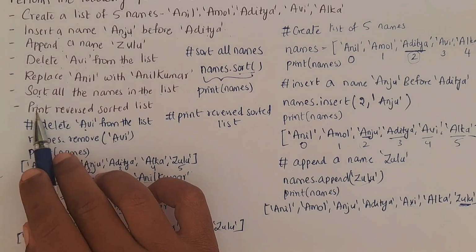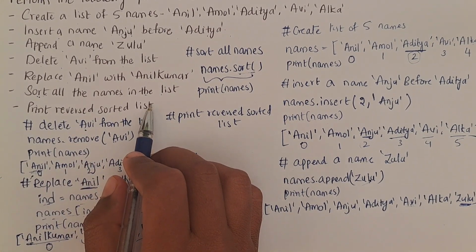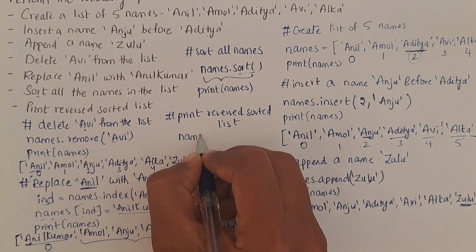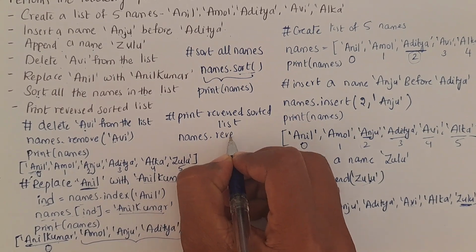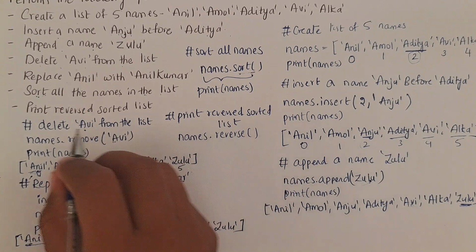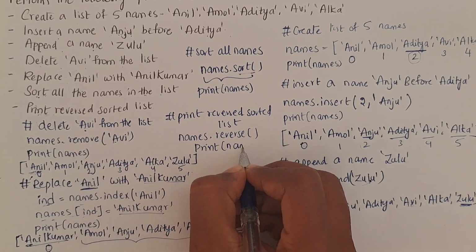The next statement is print the reversed sorted list. If you want to reverse the items in the list, you can write names dot reverse. This will reverse all the items in the list, and you just have to print the list, that is print of names.